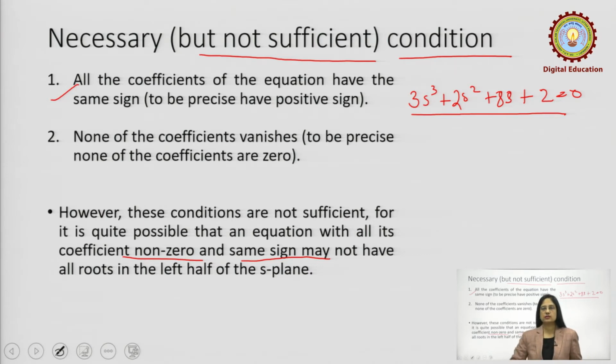So, this is just a basic condition, the necessary condition to go ahead with the Routh Hurwitz criterion, that all the coefficients must have the same sign and no terms should have a 0 coefficient. So, this is the necessary condition and not the sufficient condition.